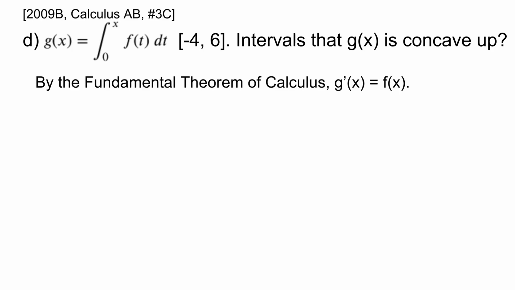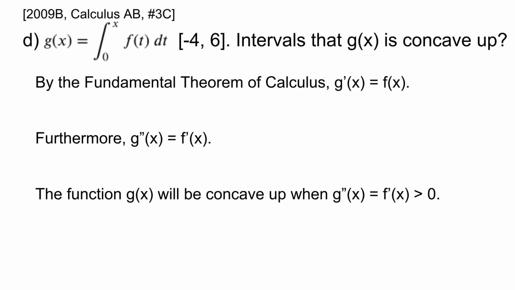First, we note that by the fundamental theorem of calculus, the derivative of g of x is f of x. Furthermore, we can conclude that the second derivative of g is the first derivative of f. And we know that the function g will be concave up when its second derivative, which is the first derivative of f, is positive.